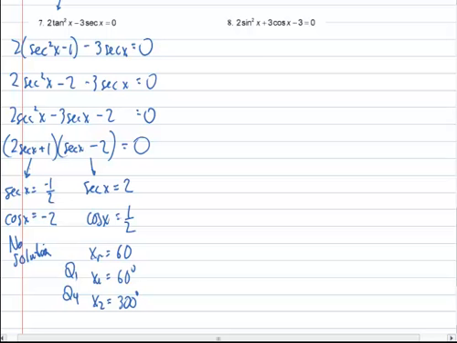Number 8, got to make that 2. We're going to put in 1 minus cosine squared of x plus 3 cosine of x minus 3 equals 0. We're going to multiply through.